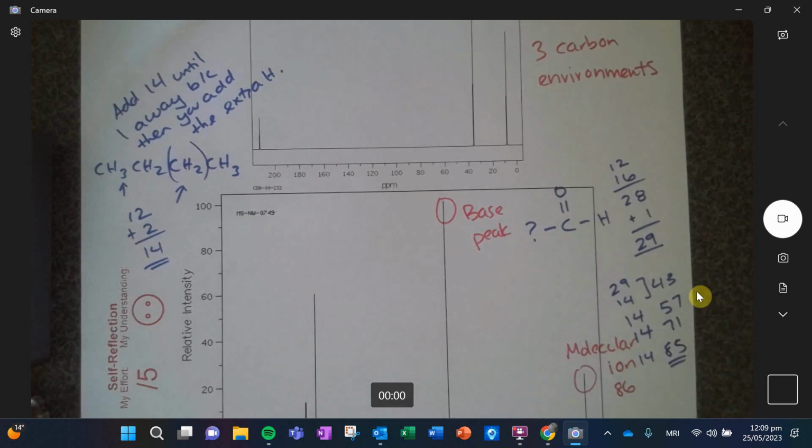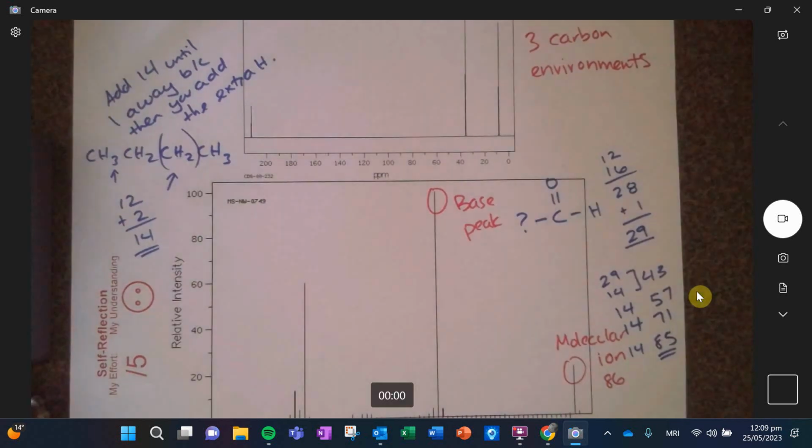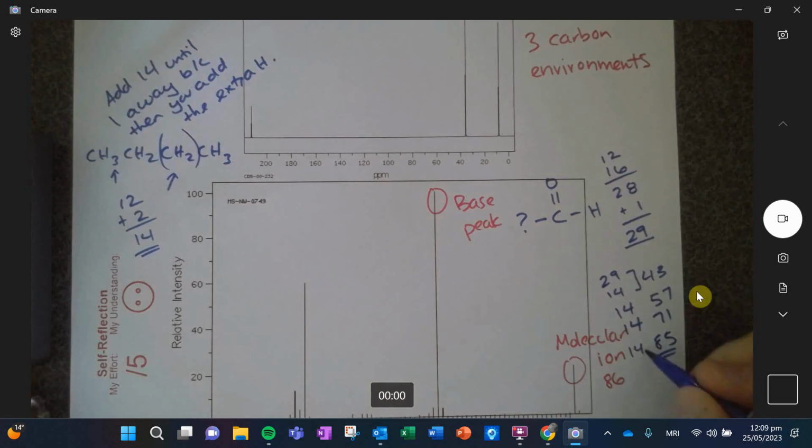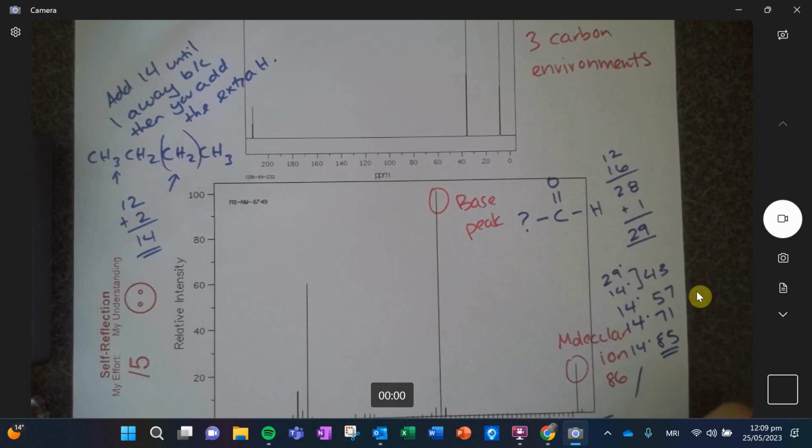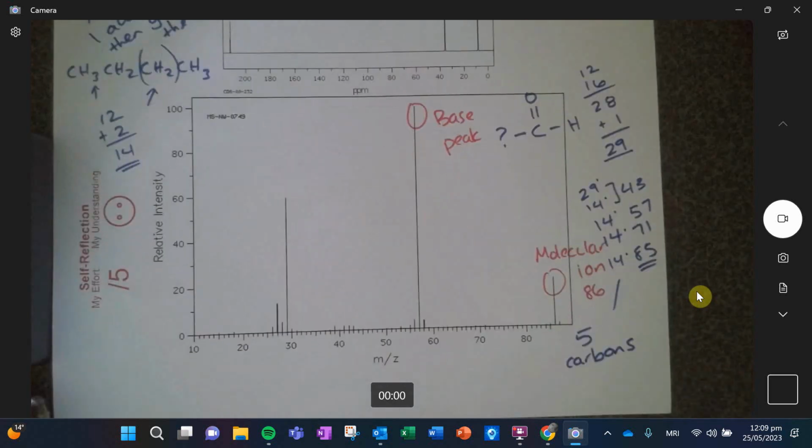So I'm finally there, because now I'm 1 away, and then you add the 1 hydrogen at the end, 86. What that tells me is that I have 1, 2, 3, 4, 5 carbons in this chain. From there, you can start trying to figure out the molecule.